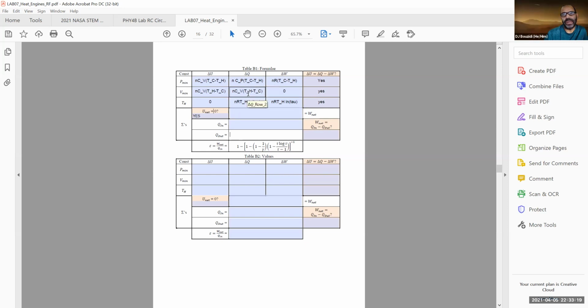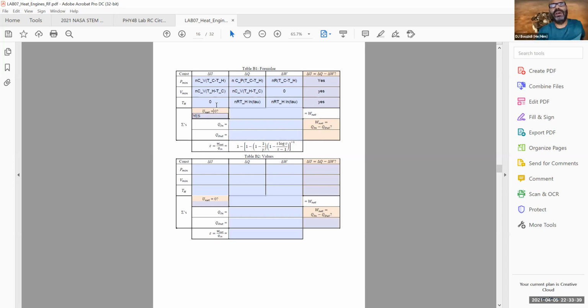This quantity for Qn minus this quantity is going to be exactly the work in this case. Follow the relationship in here. You're going to need equation 6 again because you have CP and CV that you need to have in there. And you will check yes on this one. And this is the efficiency formula.